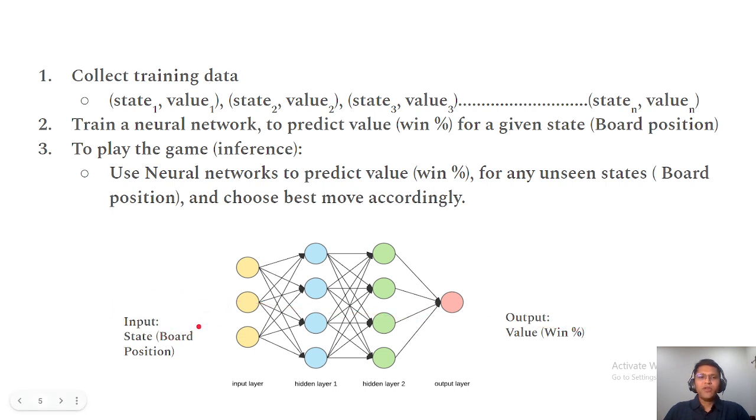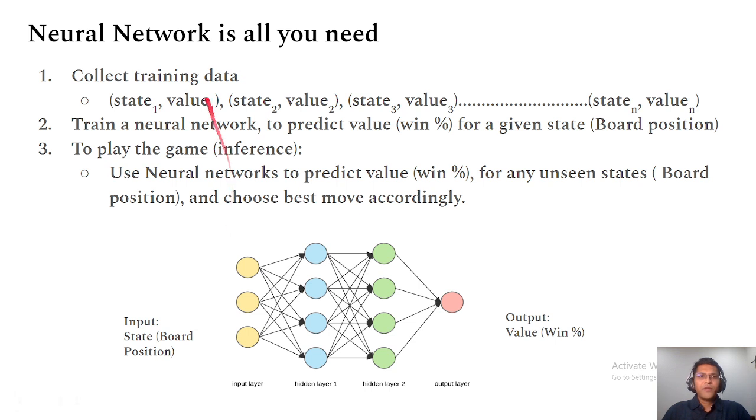Once we have the win percentage information, choose the best move, and you play the game using the model based on neural networks. That's all. Neural network is all you need.